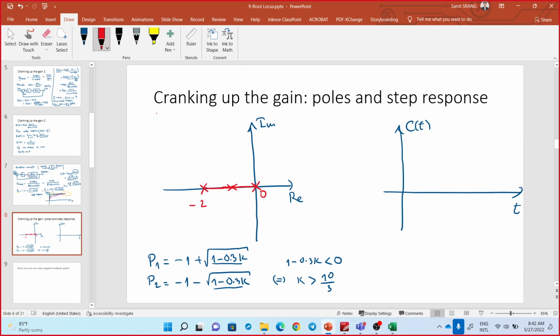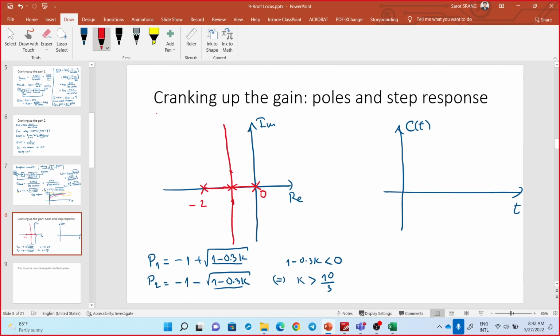When k is larger than 10 over 3, these two poles become complex conjugates. If I have one pole here, I have another pole here. And as k goes to infinity, one goes up and the other goes down like this.